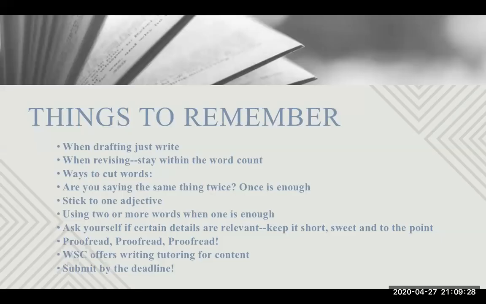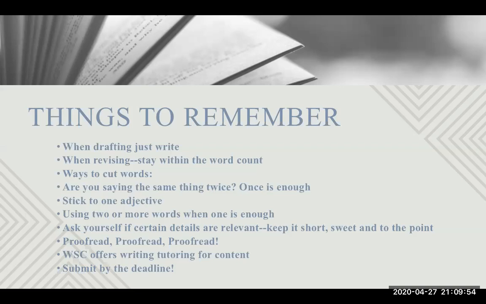Not necessarily. Think about, are you saying the same thing twice? If you are, take out that second time. Once is more than enough. Stick to one adjective. Adjectives are great descriptors, but you don't need a lot of them in your essay.